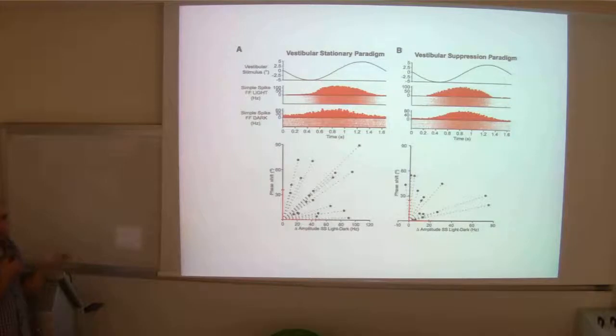This is like a transient change in the frequency of complex spikes. So you take the mouse and you rotate it in the dark, and you have the manipulation, and then you do it in light. So on top of the vestibular input, you also have the visual input, which induces a lot of complex spikes, because if you don't match them, you would get a lot of complex spikes in addition. And this by itself doesn't change the rate. So they claim that this is not a transient change in the rate of the complex spikes, but actually a long-term plasticity effect.